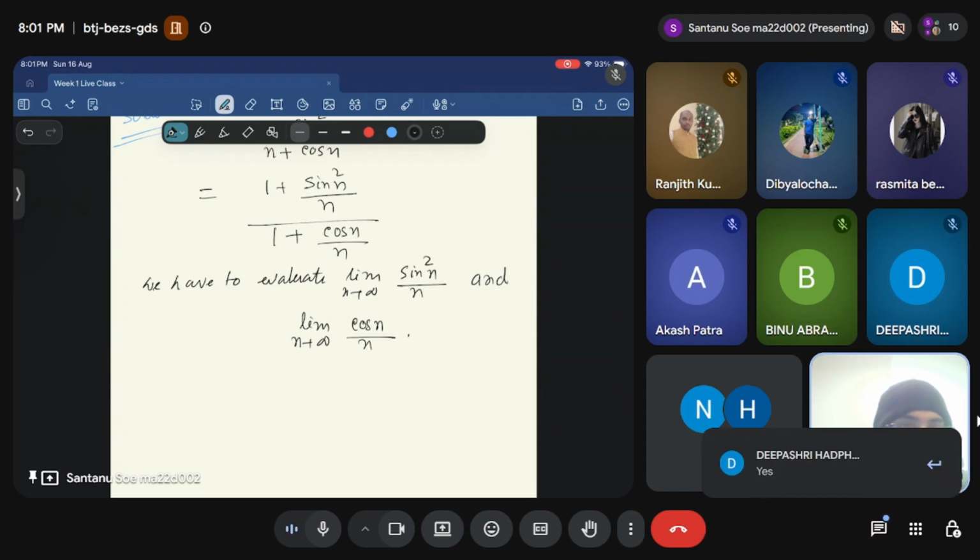So if a sequence is bounded and another sequence is going to 0, the product will be going to 0, right? And the proof is also very easy.